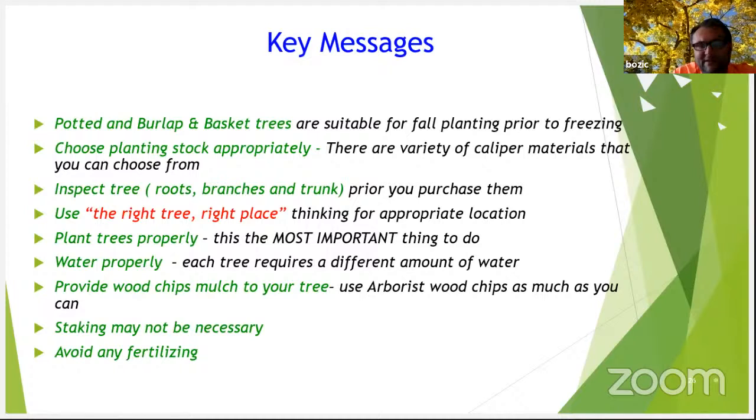So to reiterate everything else, for fall tree planting, you're going to plant a potted or burlap-in-basket tree. If you can, and if you go now to the nursery, instead of having them do the burlap in basket, which is lots of hard work for the nursery man, tell them to just dig up the tree with all of the roots.